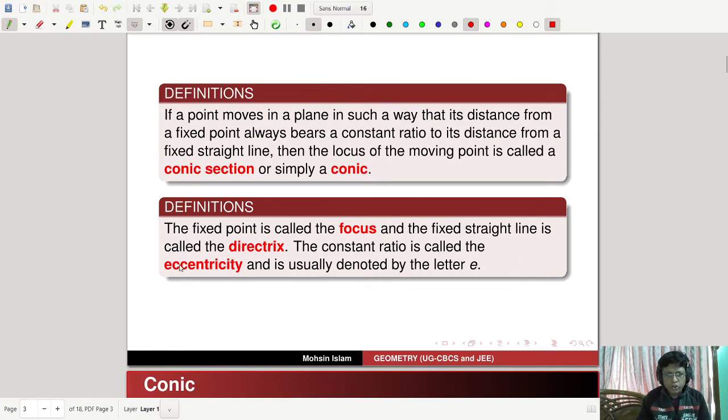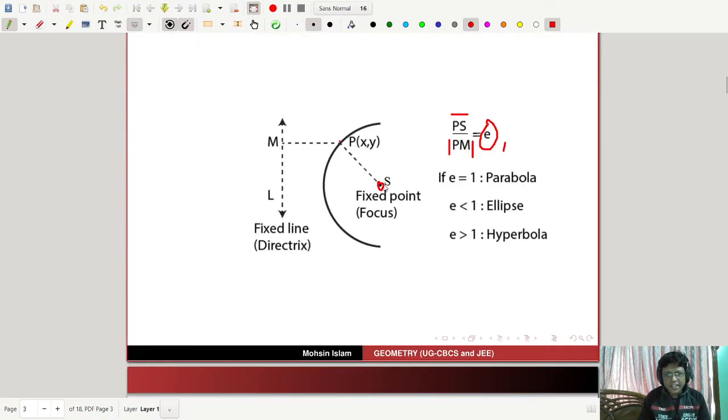The constant ratio is called the eccentricity, and it is usually denoted by the letter E. So S is the focus, this fixed line is the directrix, and P is the variable point, which can be anywhere in the plane. E is called the eccentricity of the conic.